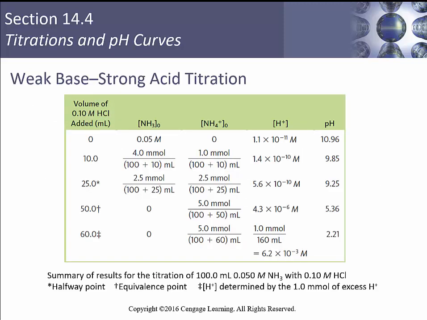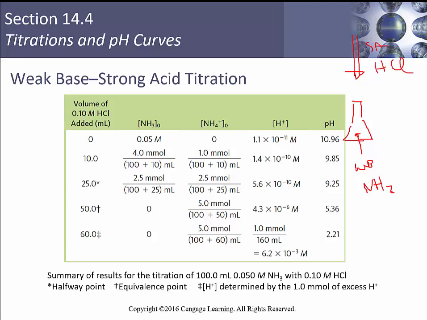So a summary of our results for this point, right? For a weak base strong acid titration, right? This is going to be for going the other way, where I've got some sort of base in here, and I've got some, like ammonia, and I've got some sort of strong acid as my titrant, like HCl.